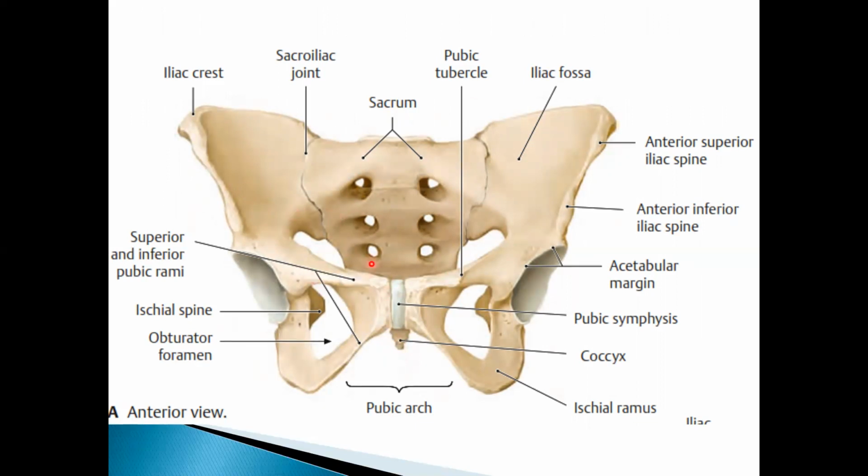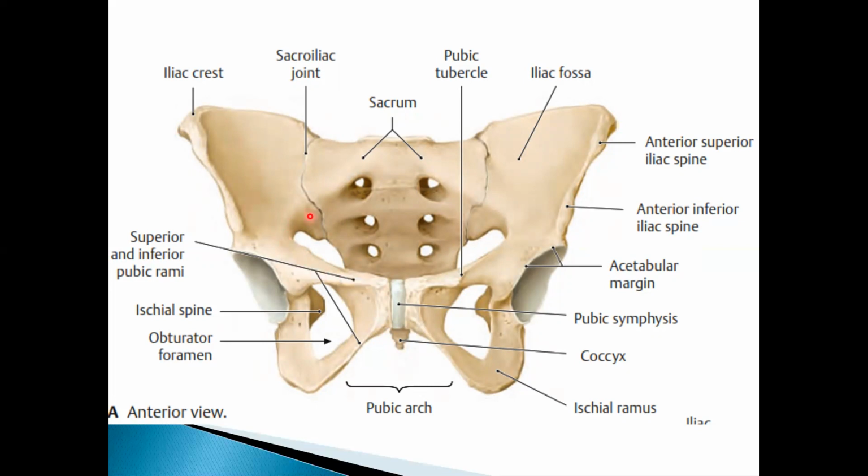Now you can see this is the superior ramus of the pubis, and it continues as the arcuate line on the hip bone, which separates the ilium from the ischium and the pubis. Above this arcuate line, this part is the ilium. Below that arcuate line is the ischium on the posterior side and the pubis on the anterior side.